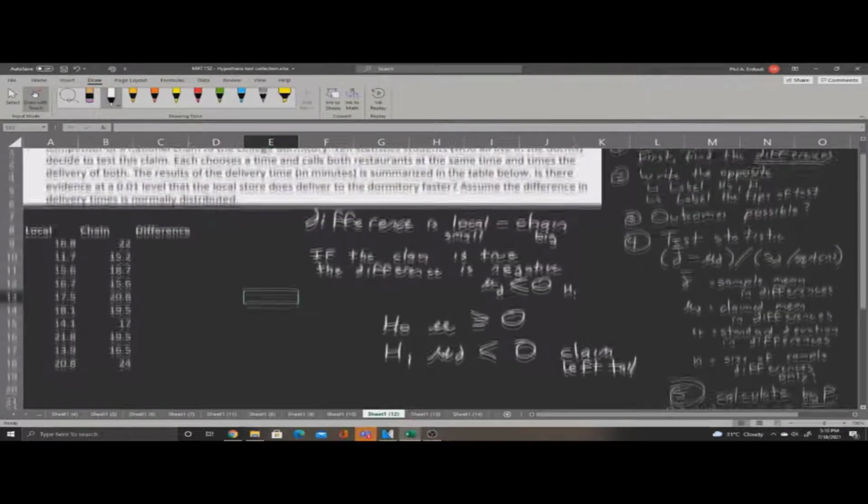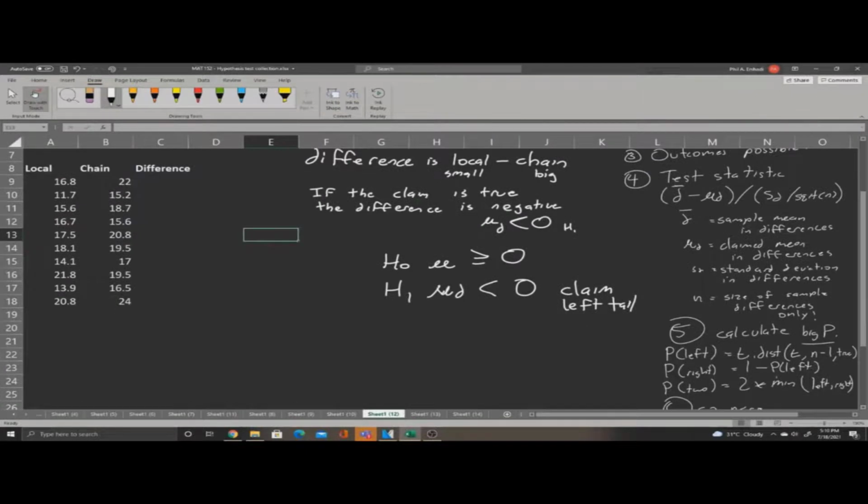Now let's write about our possible outcomes. Now, if big P is less than or equal to alpha, that means we would reject the null hypothesis because you have strong evidence. We would also say that if we did cross out the null hypothesis, we would support the claim.